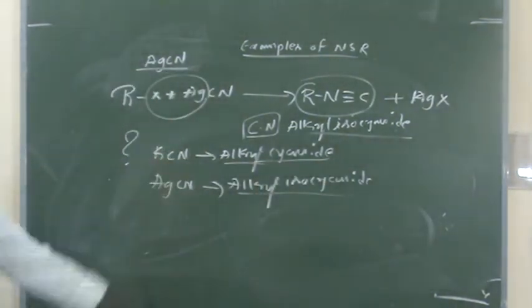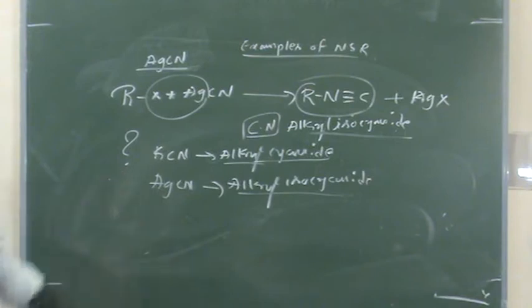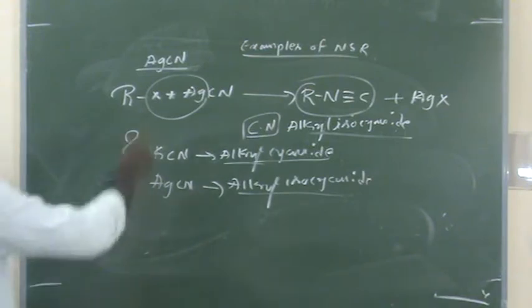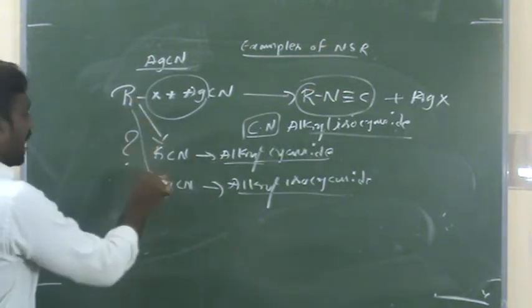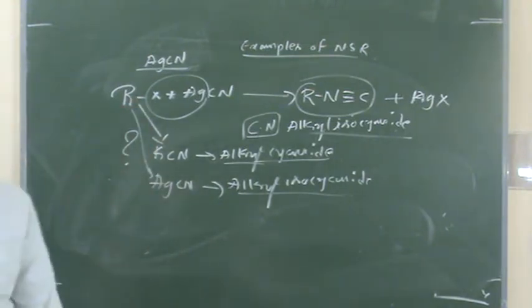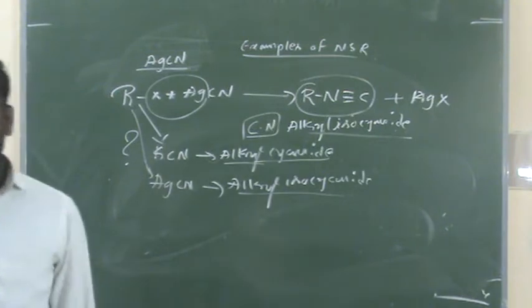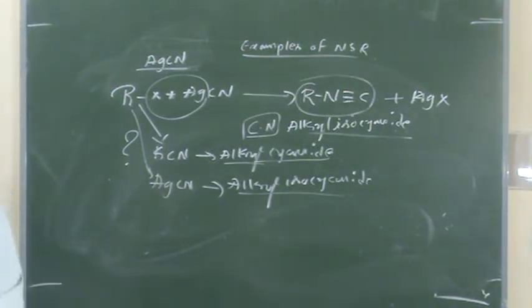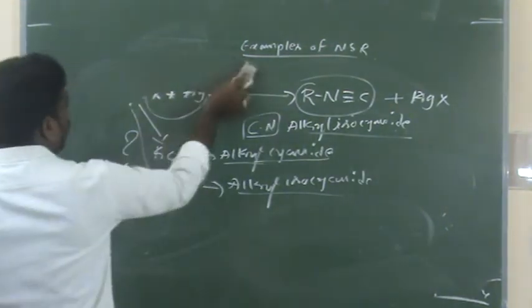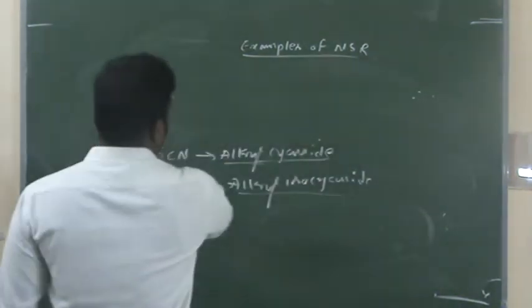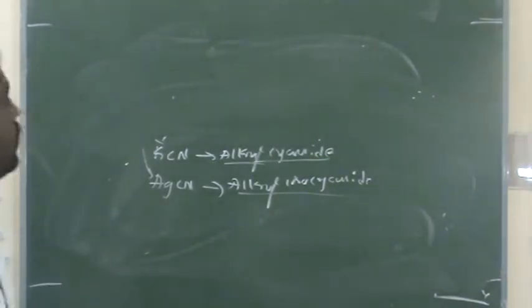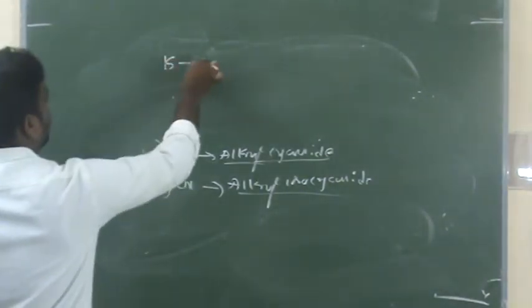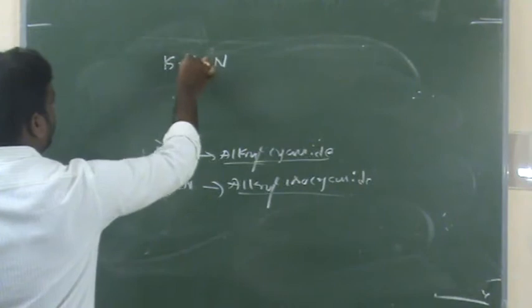I am going to explain it now. Are you understanding the question here? The reason is: when you come to KCN, the bond between K and C is completely ionic.